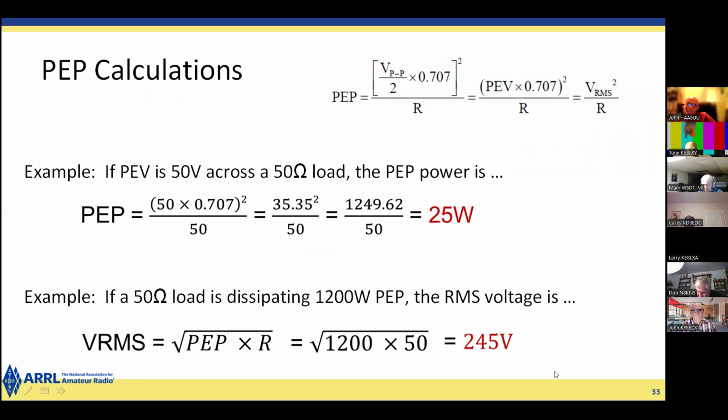So, VRMS is the square root of PEP times R, because, well, you square both sides. You get VRMS squared over R. There you go. So the square root of 1200 times 50 is 245 volts.